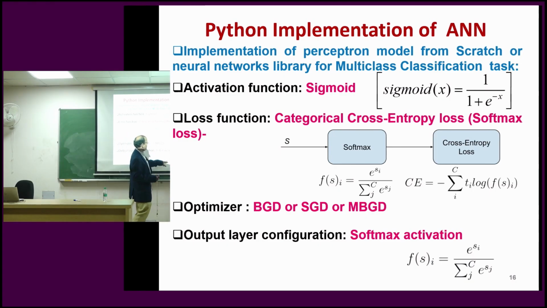If you see this function, e to the power si divided by the sum over j goes to C of e to the power sj, right? It gives you the probability for all the classes. If you have 4 classes, it gives you the probability for the 4 classes, nothing else. But one more thing we need to do is an additional operation as far as practical use is concerned. We need to use the argmax function, because softmax gives you just the probability for all classes.